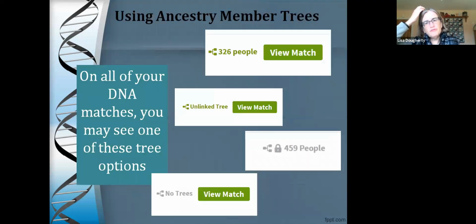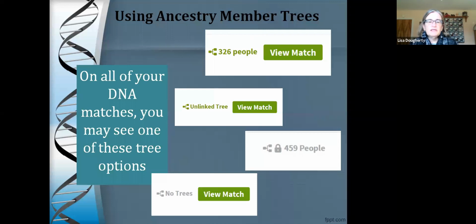So when you're going through your list of matches, you're probably going to see some things that look like this. Each of the four examples shows different things that you're going to see when it comes to people and their DNA tests. If we see something that says 326 people in green, that means that this person is linked to their tree, their tree has 326 people in it, and it's a public tree.